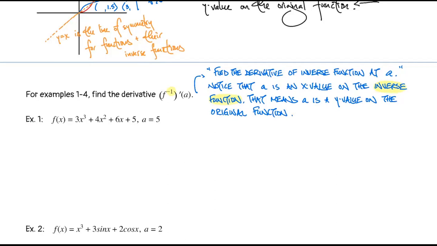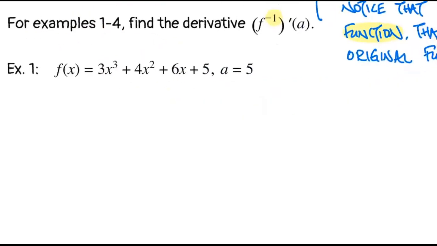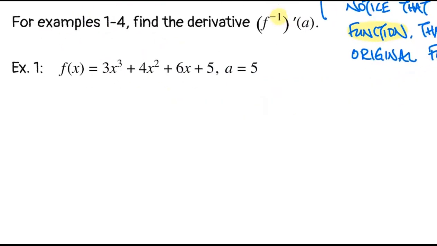So let's try this question. Let's try number 1. Example one says, here's your f of x: 3x cubed plus 4x squared plus 6x plus 5. Are they telling you about the inverse function or the original function?